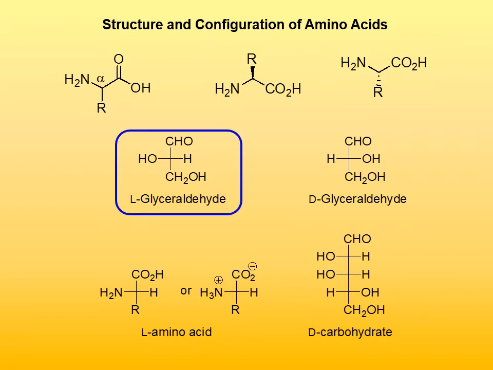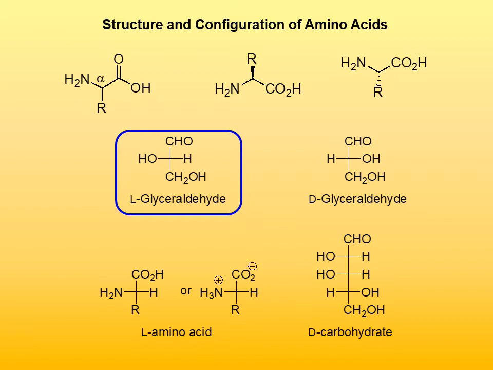As I mentioned, naturally occurring amino acids are classified as L amino acids, and that's because they are structurally related to L-glyceraldehyde. The old DL system of nomenclature, designating enantiomers as D or L, was related to the configuration of glyceraldehyde.